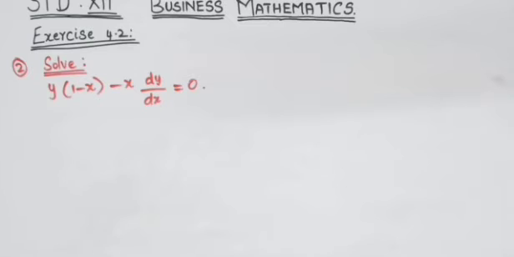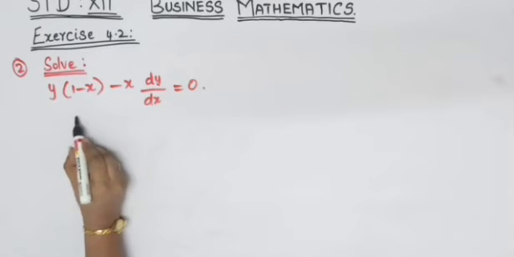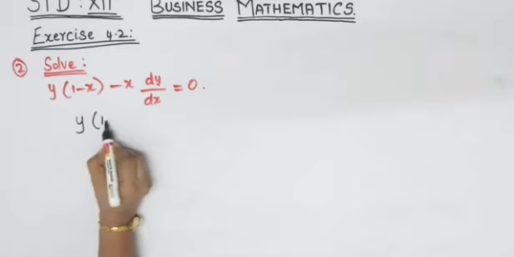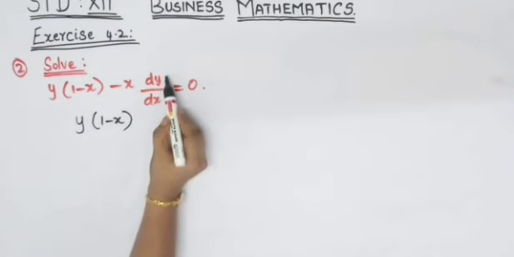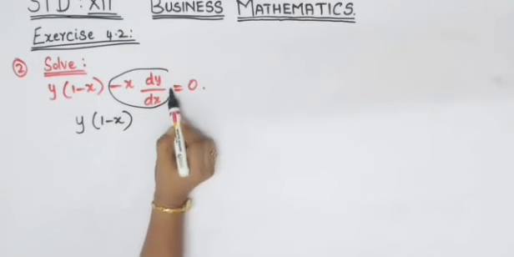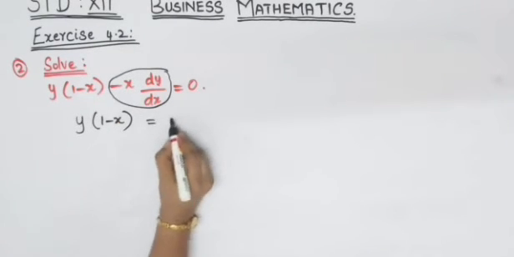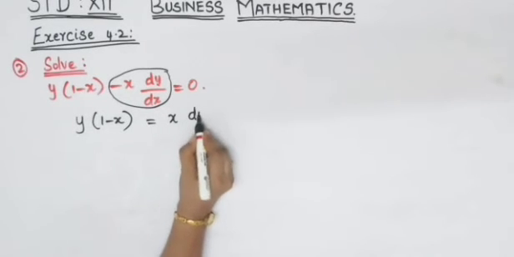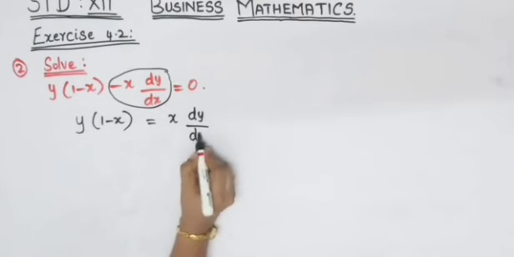Exercise 4.2, second question: solve y(1 − x) − x dy/dx = 0. This is also the same thing: x terms towards one side and y terms towards the other side. You will have to separate it, then do the integral. So y(1 − x) we keep here, and take the other term to the right hand side, so it becomes x dy/dx, because the minus term becomes plus when brought to this side.